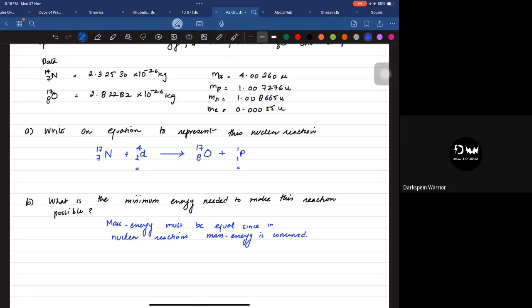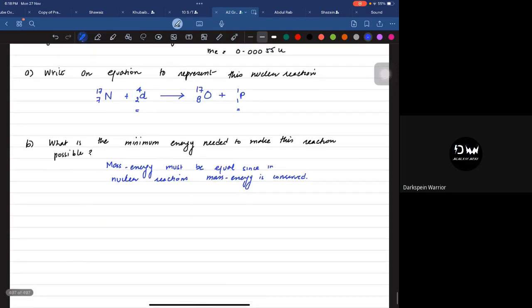The left hand side should be equivalent to the right hand side. We should understand that.